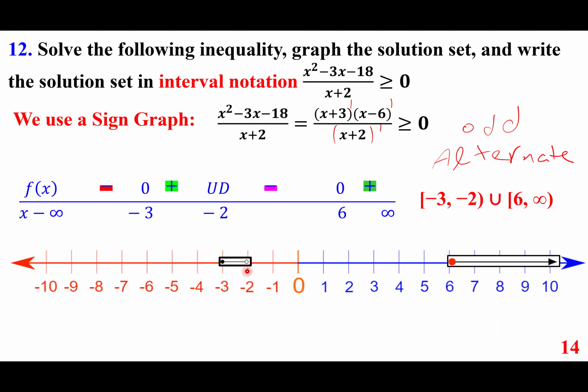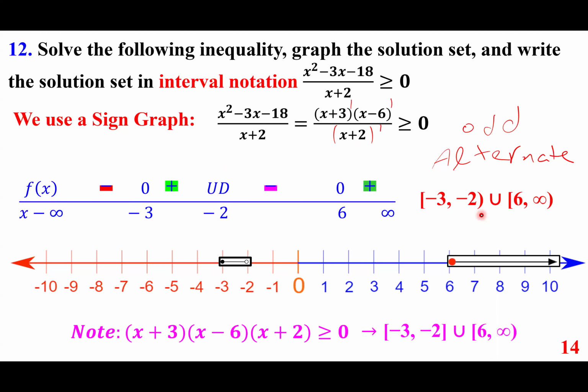So that's the final answer as far as the graph on a number line is concerned. What makes it even more interesting, if we had, instead of this, x plus 3 times x minus 6 times x plus 2, we would use exactly the same sign graph, except this would become 0. And therefore, the answer would be exactly the same, except this parentheses, all of them become brackets.